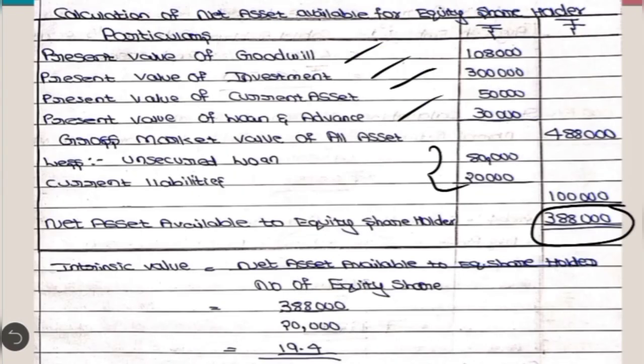You have to divide it by 20,000. So it is rupees 19.4 per share. Okay, it is for one share. So this is how we calculate the intrinsic value under the first method, that is intrinsic value method or net asset method or asset backing method.